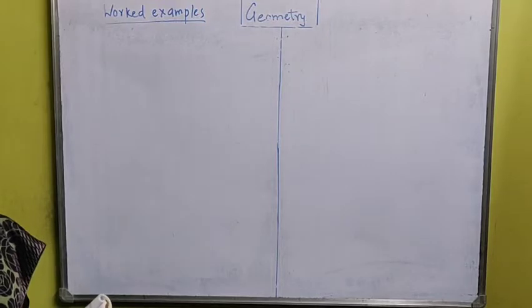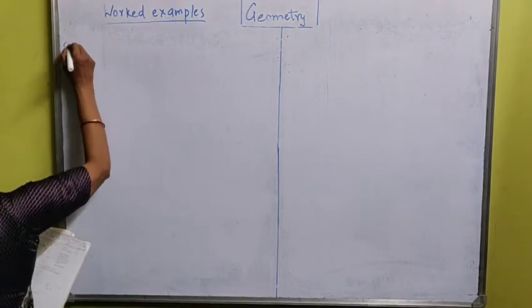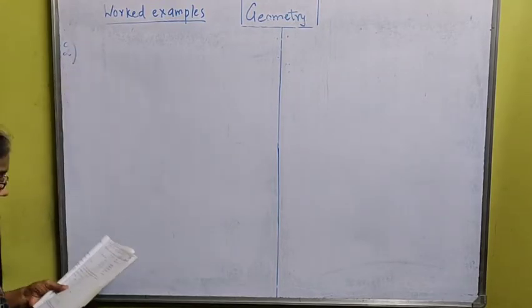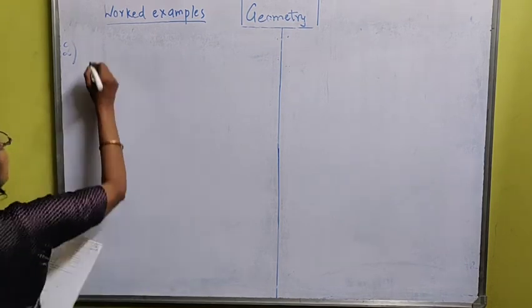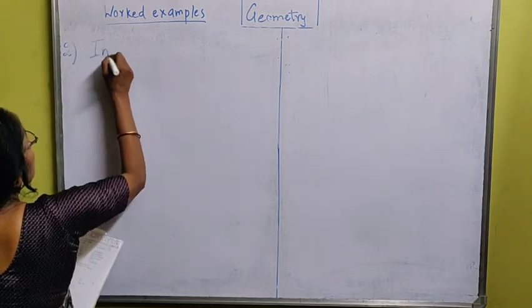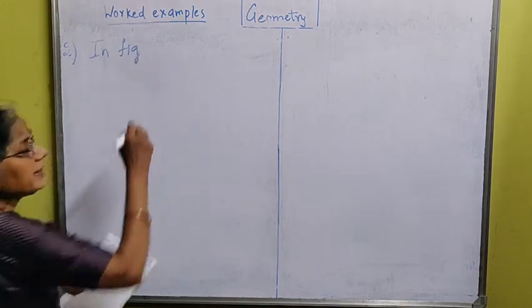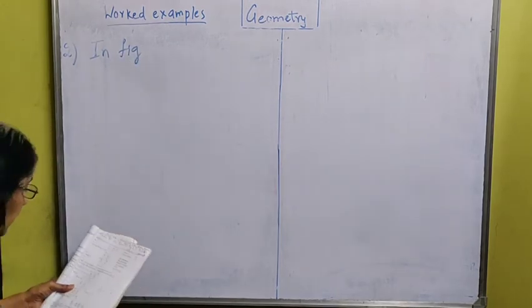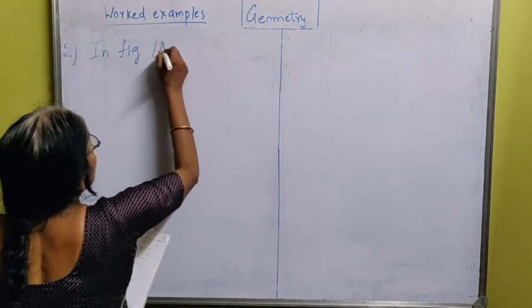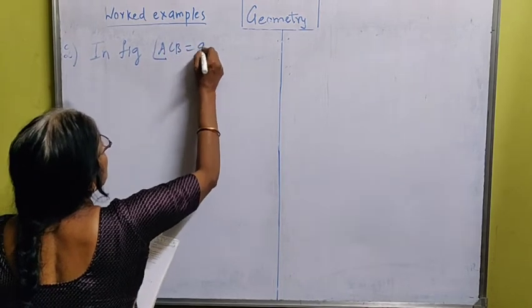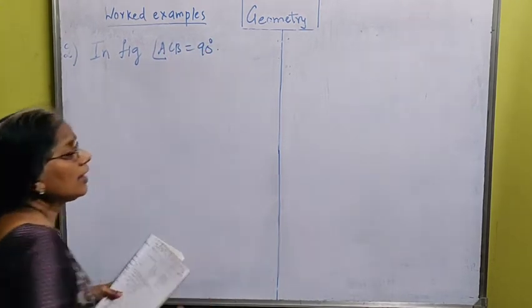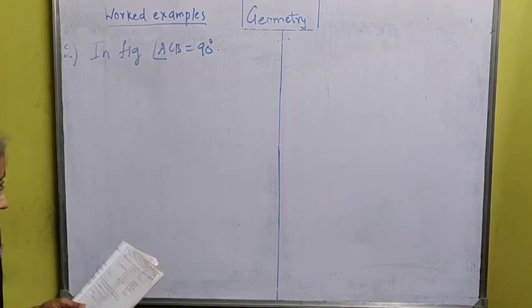Now we will see the second worked example. What is given in the second worked example? Let us see. It is given in the figure. So the figure is already given to you. In the figure, angle ACB is equal to 90 degree. So the angle is also given to you.